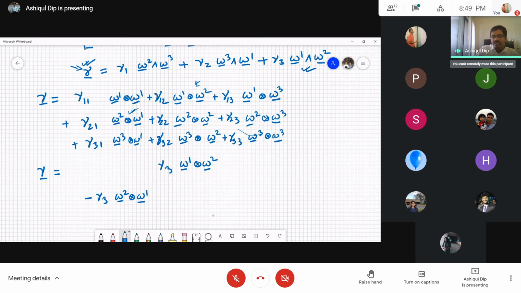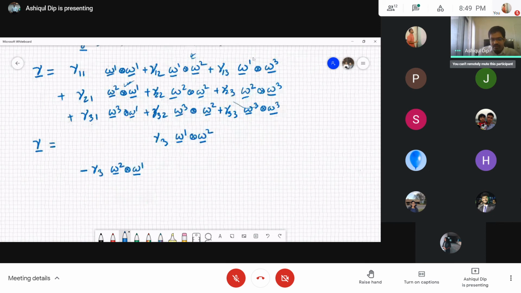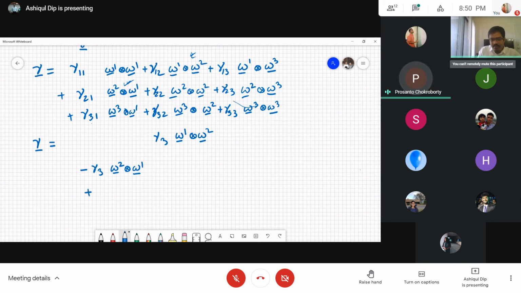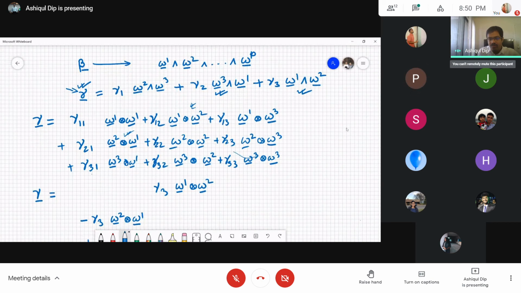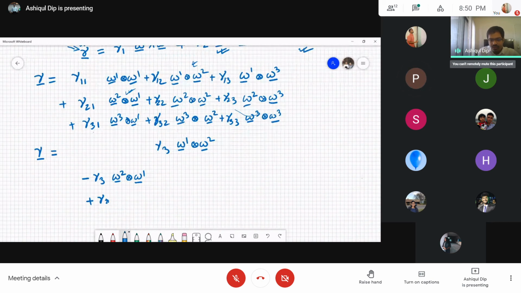Okay, now let's write this term. Where should it go? So 3, 1. There should be a corresponding term over there, bottom left. Yes.